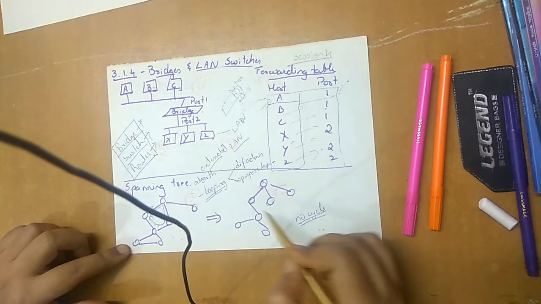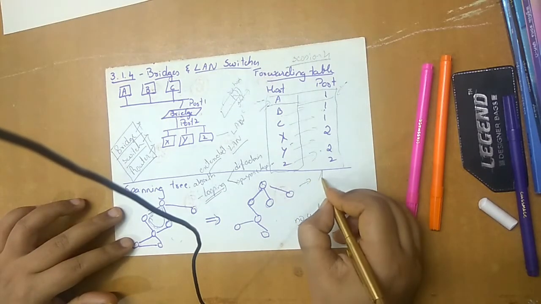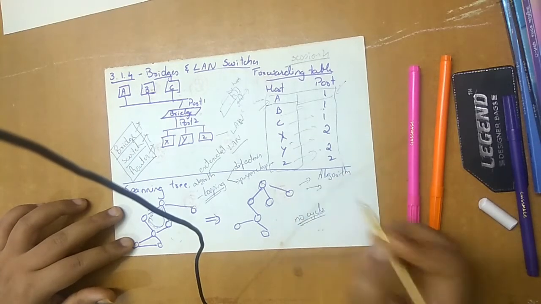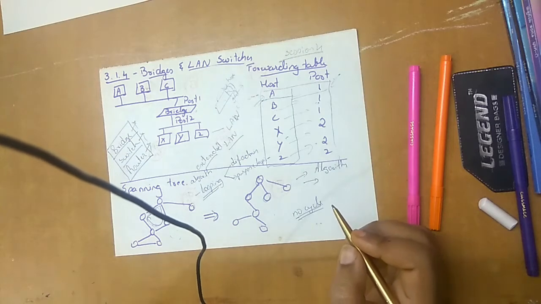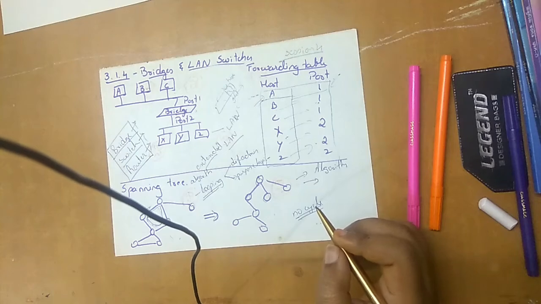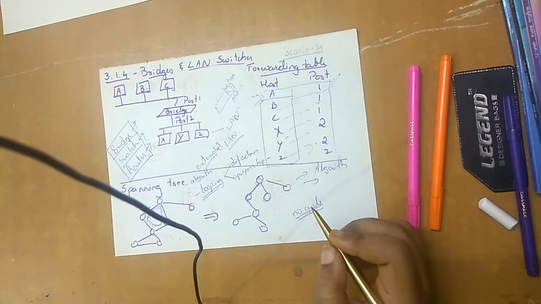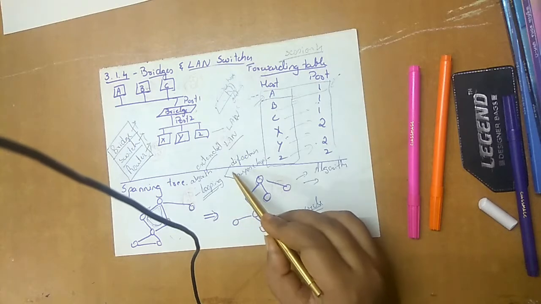By looking at this diagram we can write it, but we need to follow a certain algorithm. So how the algorithm works, how it is designed, we will see here. The first thing is, this algorithm is used to set the bridges to agree upon a spanning tree for a particular extended LAN.